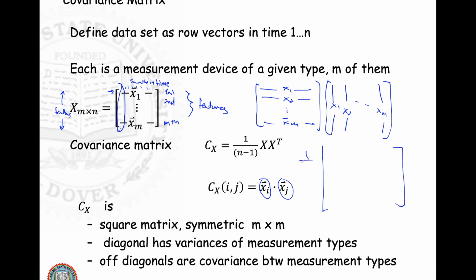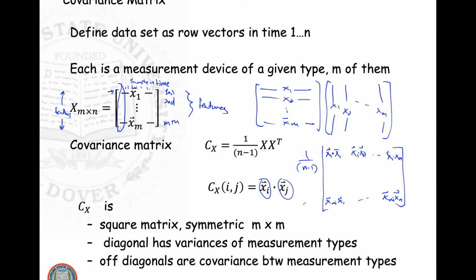So now, by the rules of matrix multiplication, we have a result here for the covariance, 1 over n minus 1. Okay, so we take this one times that, that's x1 dot x1. This one times that's x1 dotted with x2, and so forth, x1 dotted with xm. And then lastly, down here, we have xm dotted with x1 through xm dotted with xm.